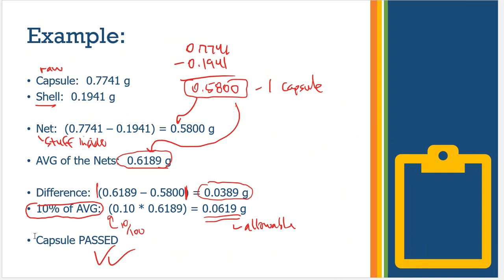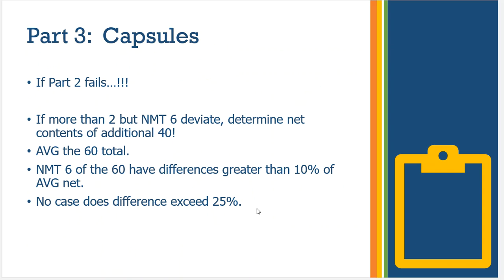So if you make it through this, you had to do part 2, and you get through part 2, and it still fails, what on earth begins to happen? Let's say that I get to part 2 and more than 2 of them fail, but less than 6.